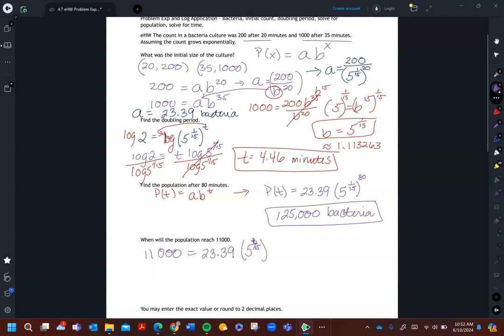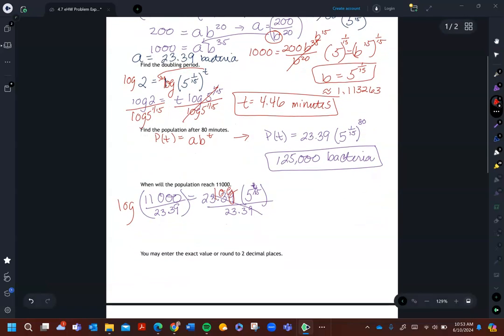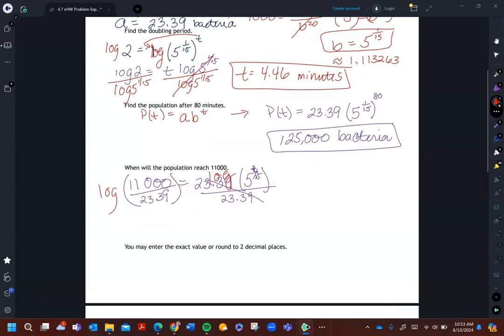And then my first step is to divide by 23.39. I'm just going to keep that as is so I avoid rounding. And then I'm going to take the log of both sides and use my log properties. This exponent, remember, comes down in front.